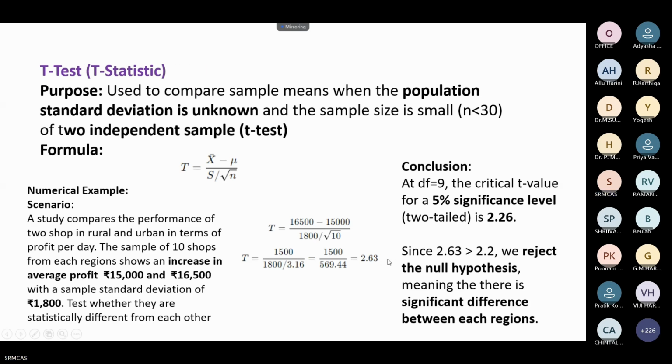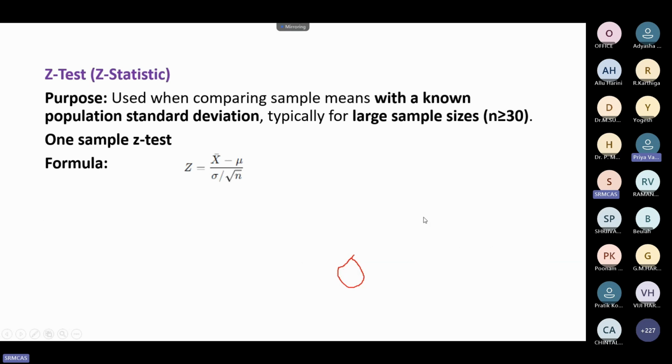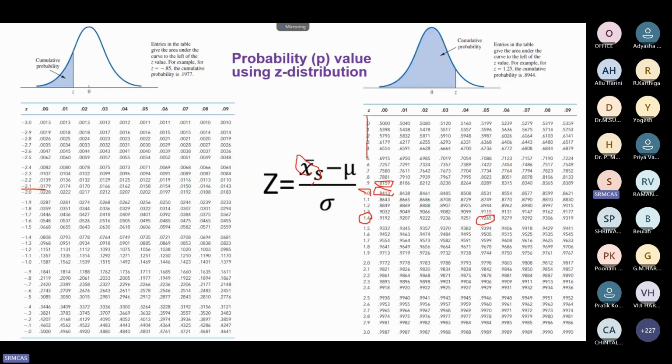If our estimated value is more than the table value, we can reject the null hypothesis. If our estimated value is less than the table value, we cannot reject the null hypothesis and accept the alternative. Is it a fixed value, sir? Yes, this is a table value here.